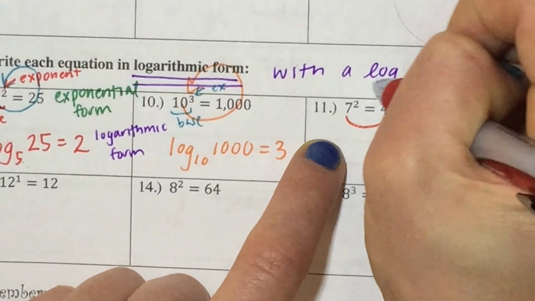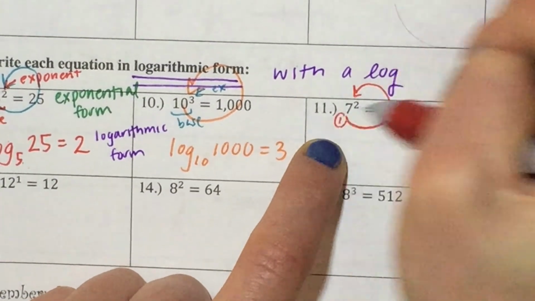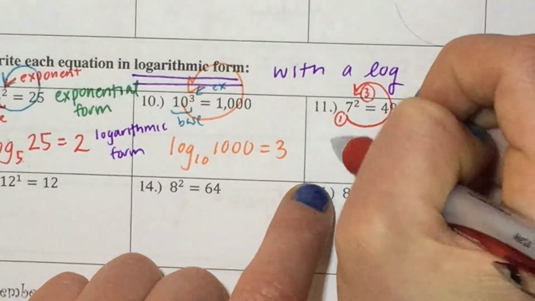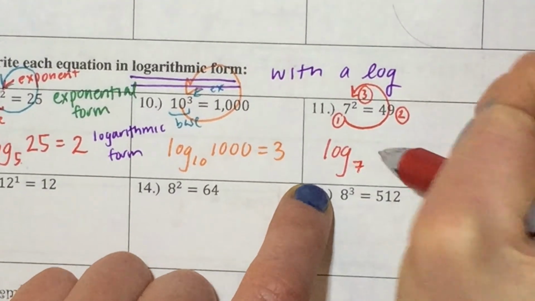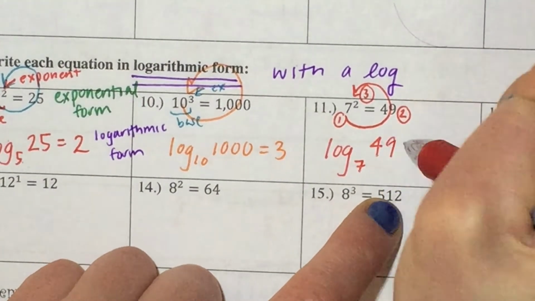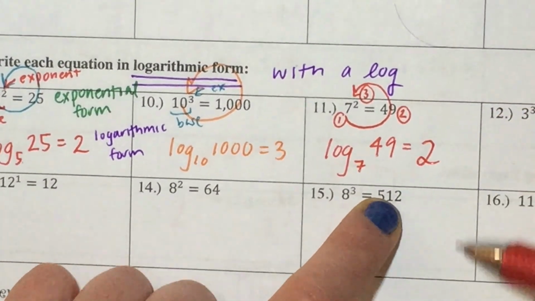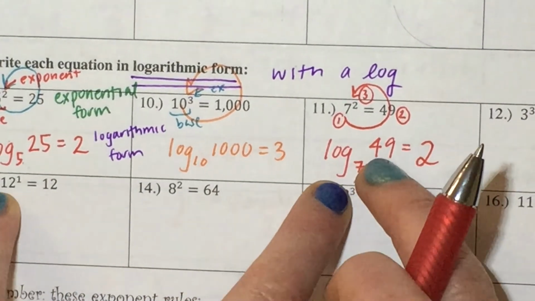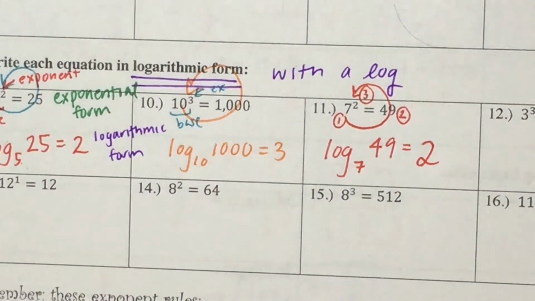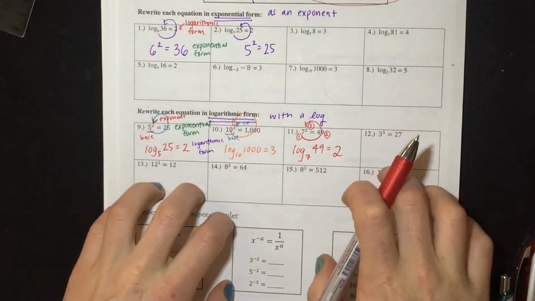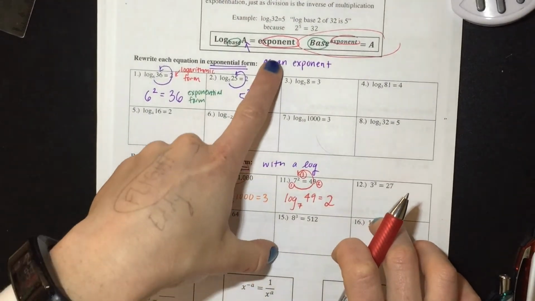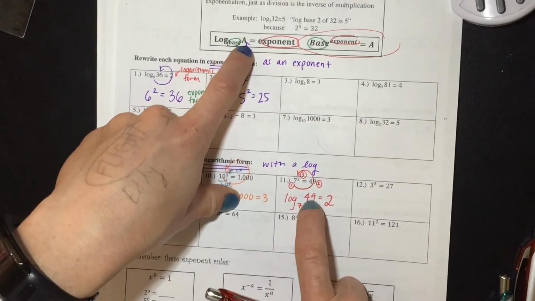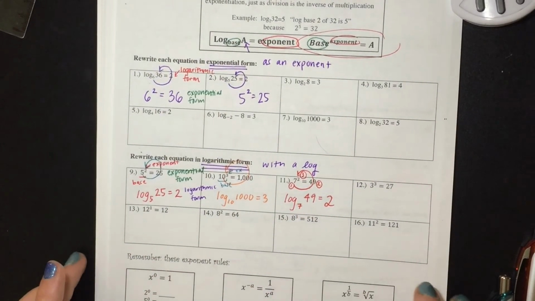In my swirl, this is the first thing I write, the second thing I write, and the third thing I write. So log base 7 of 49 is equal to 2. Right? Because 7 to the second is 49. And it follows the formula that we had up top, right? The exponent is right here, the base is right here, and my answer is right here. Okay?